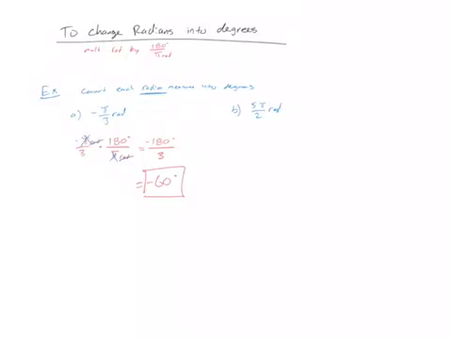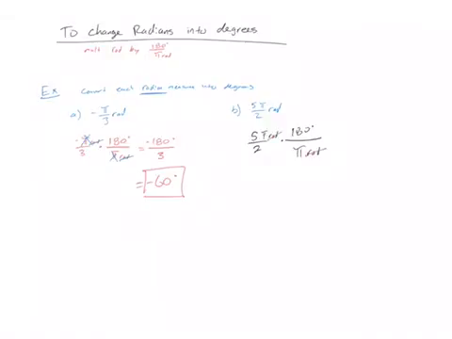Same idea with 5 pi over 2 radians. You look at that and you're like, 5 pi over 2 into what? So let's convert it into degrees so we can get a concept of what that is. I'm going to multiply 5 pi over 2 radians by the number 1, 180 degrees over pi radians.